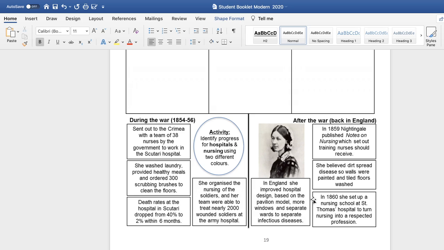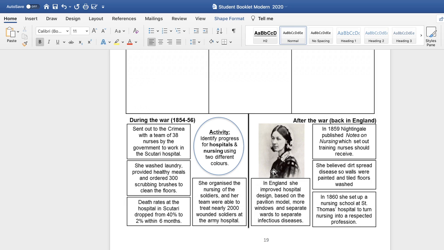So we have Florence Nightingale. Now, Florence Nightingale was a middle-class woman who put together a group of nurses and went out to a hospital in Scutari, a local area during the Crimean War, near the Crimea.